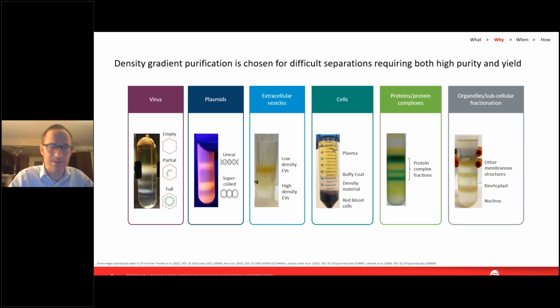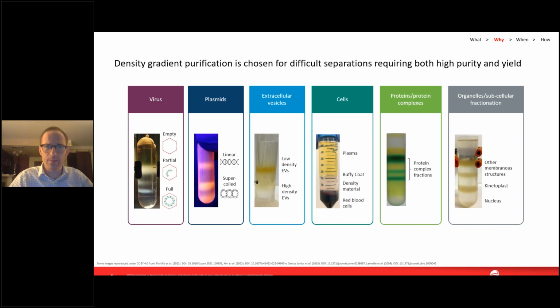I say right now, but this has been used for a very long time, 80-ish years almost, for all kinds of other products, for proteins, plasmids, etc. I'm not going to go into all the details here, but we will be talking today predominantly about viruses and also about nanoparticles and to some degree proteins as well.